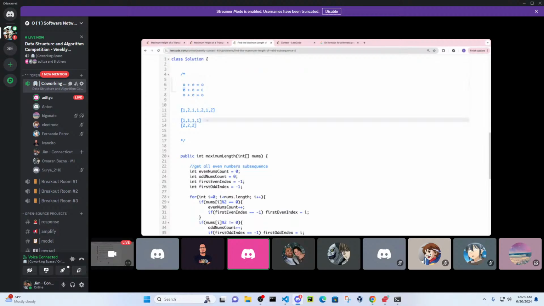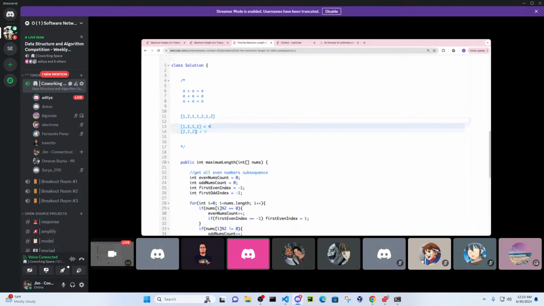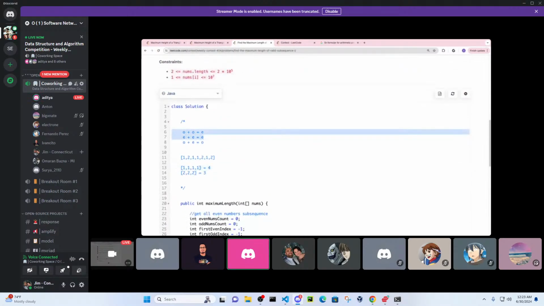So now this length is 4 and this length is 3. The maximum of these 2 is 4. So based on these 2 cases, you have found out that the maximum length is 4. Correct? Yep.